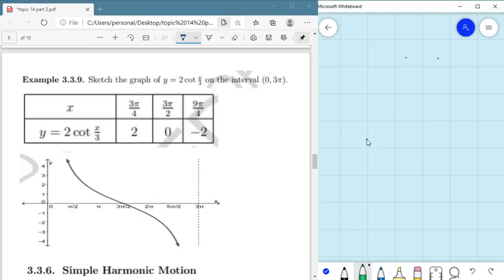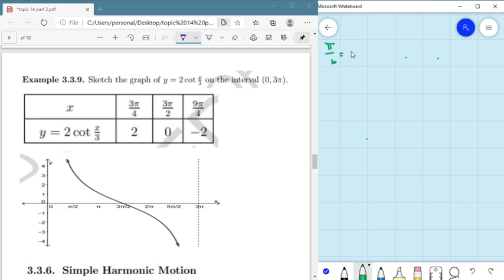Okay, next we are going to sketch the graph of y equals 2 cotangent of x over 3 on the open interval 0 to 3 pi. So 3 pi is the period, right? Because our formula is pi over b.